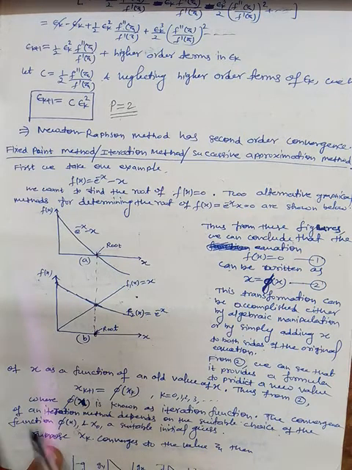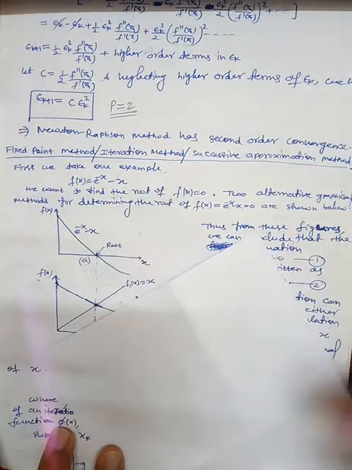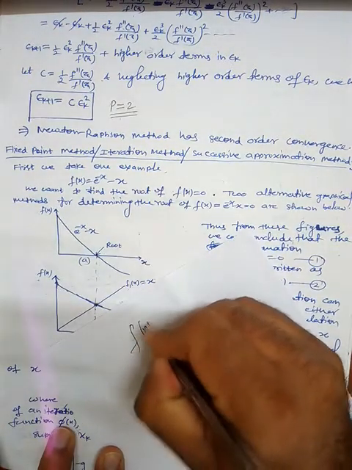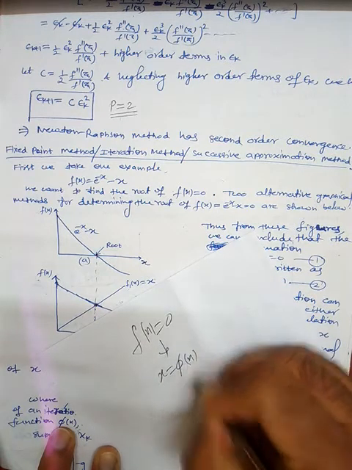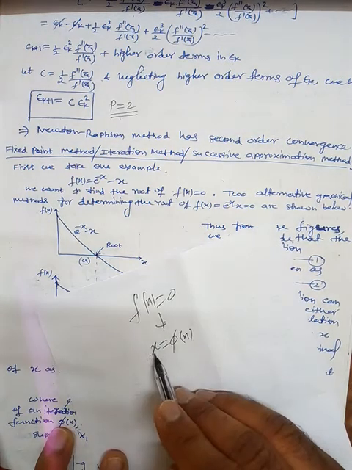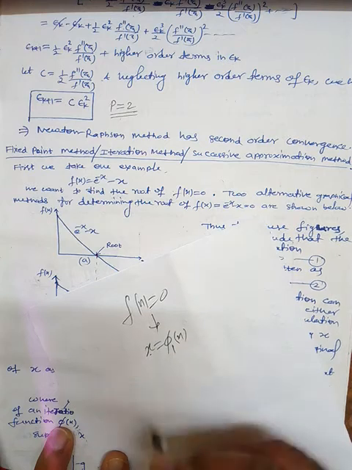The convergence of an iteration method depends on the suitable choice of the function phi of x, because we are already aware from our first video that we can write any problem in the form x equal to phi of x in various ways. We can treat this x is equal to f of x.